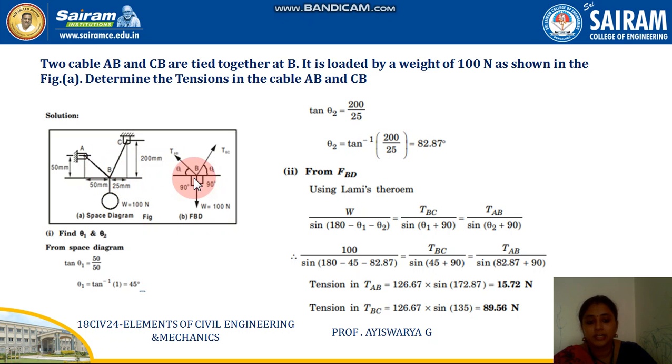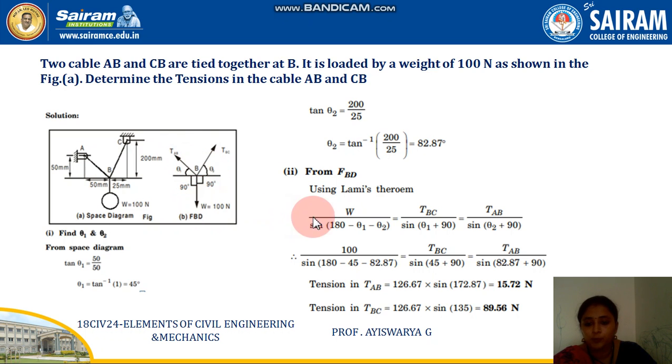Just substitute this theta 1 and theta 2 in the figure, and you will have three forces, that is T suffix BC, meaning the tensile force originating from the D point and ending at the C point. Right. So it should be named as TBC, and again TBA. By using the Lami's concept, we know that force by sine of angle between the other two forces.